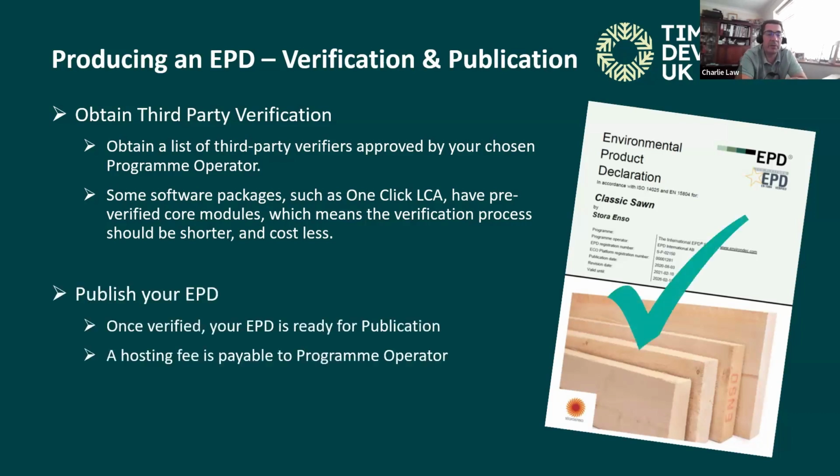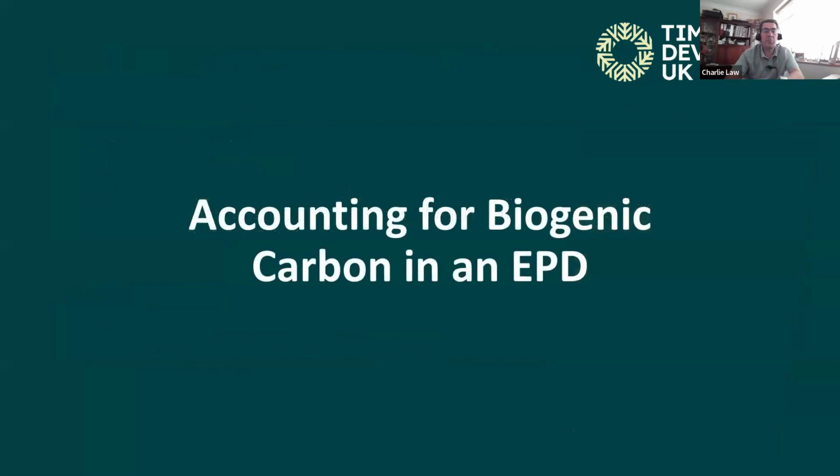So you can then publish it once it's verified and your EPD is ready for publication, and you've paid the hosting fee to the program operator. That's it, your EPD is published, and that generally lasts 5 years. That publication will be held on their website for around 4 or 5 years, sorry. So that's the process of getting an EPD.